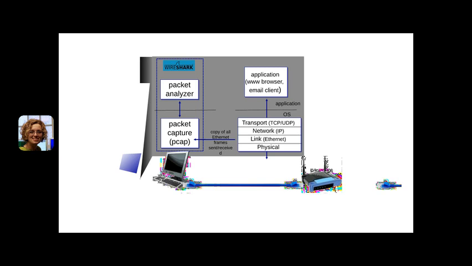Wireshark will show you some application data because of the packet analyzer, and the pcap library will give you the transport layer, network layer, and link layer data, as well as physical. You may have already noticed that you see zeros and ones in your Wireshark capture. So you get the full stack of information with Wireshark, a very powerful tool.